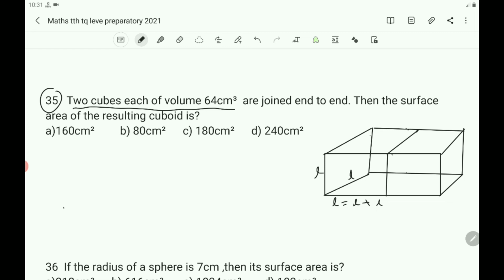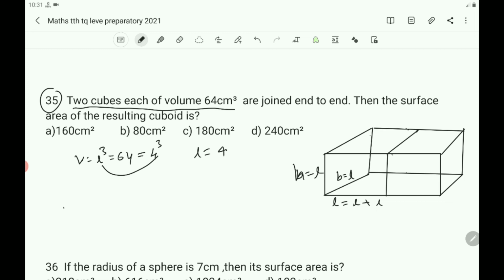So if this is L, this is H, this is B, here we must find the value of L. L is nothing but the cube root of 64. You know that V equals L cube equals 64. That is 64 is the cube of what? 4 cube. So you got L equals 4.